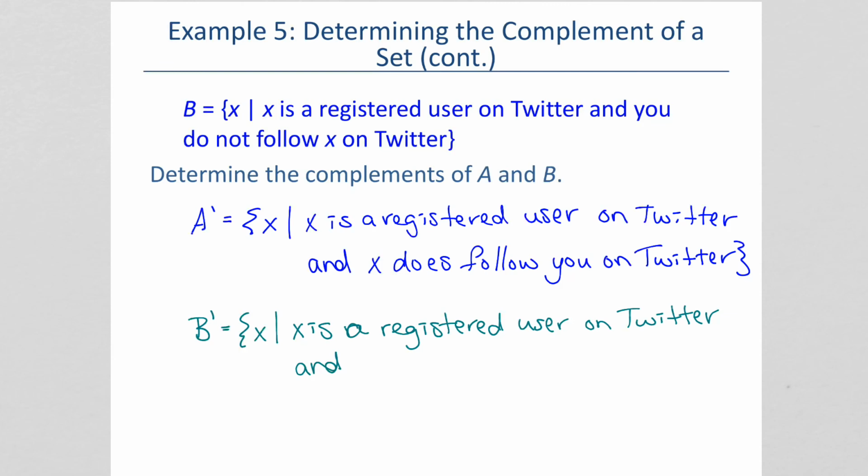And B said you do not follow X on Twitter. So the opposite of you don't is that you do. And you follow X on Twitter.